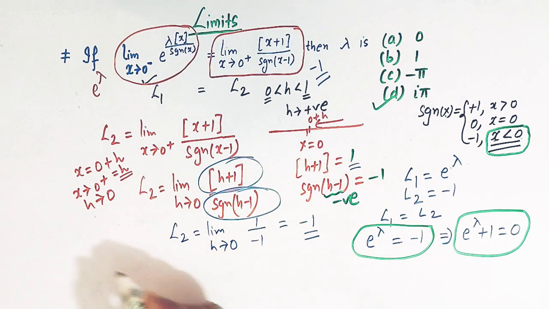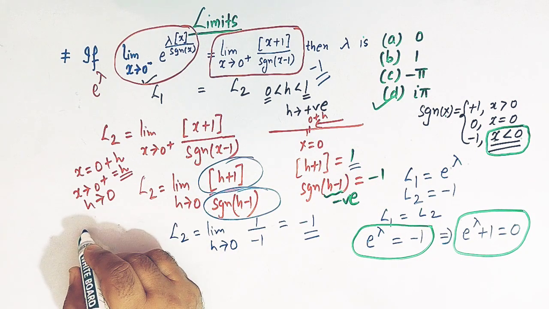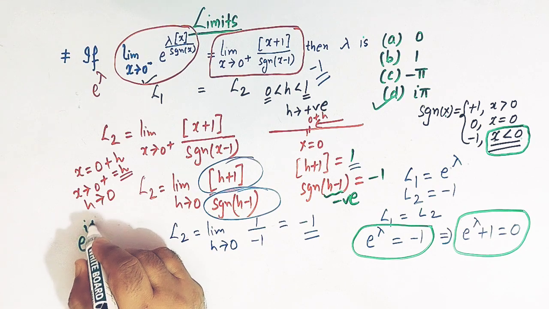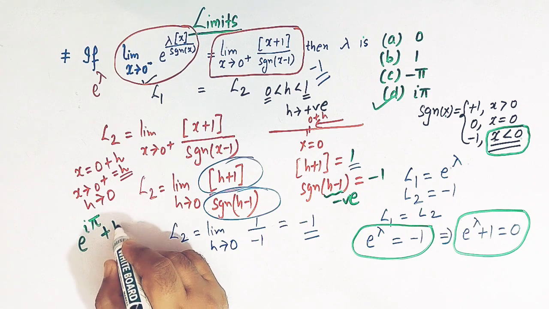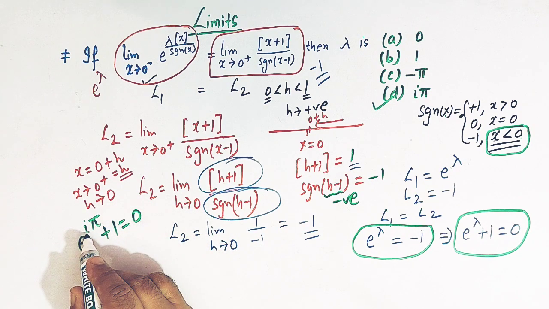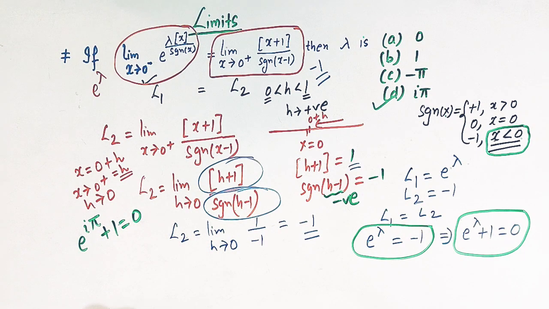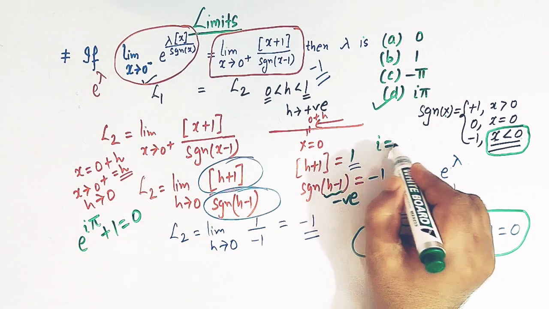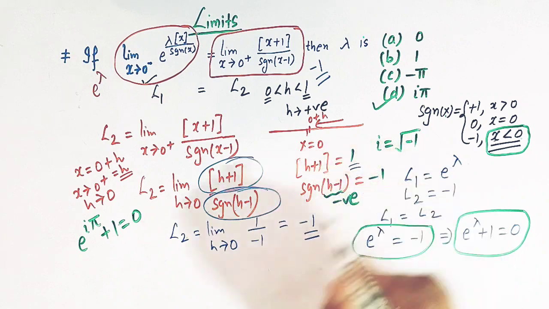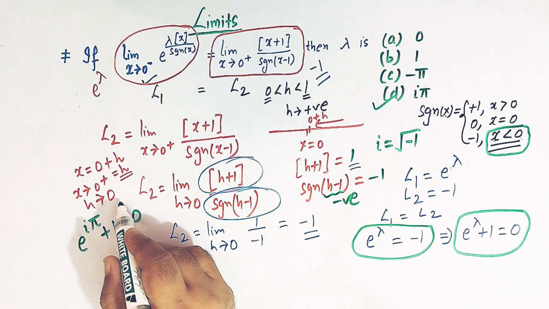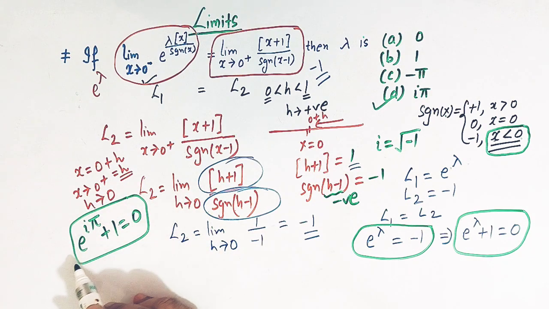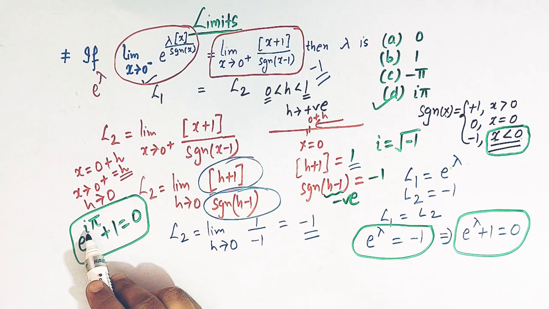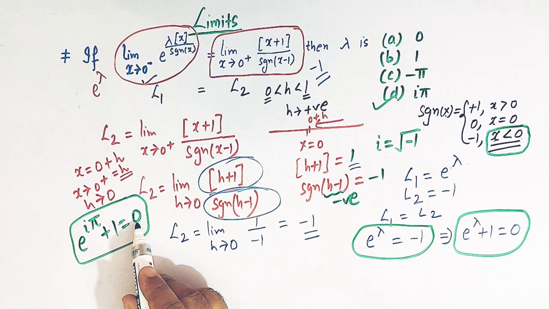Why? Because we know the well-known Euler's relation, that is e raised to i pi plus 1 is equal to 0, where i is the complex number known as iota. So i is nothing but the square root of negative 1. We know this well-known relation in complex numbers, that is e raised to i pi plus 1 is equal to 0.